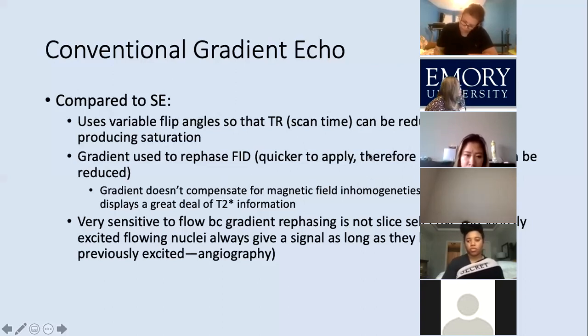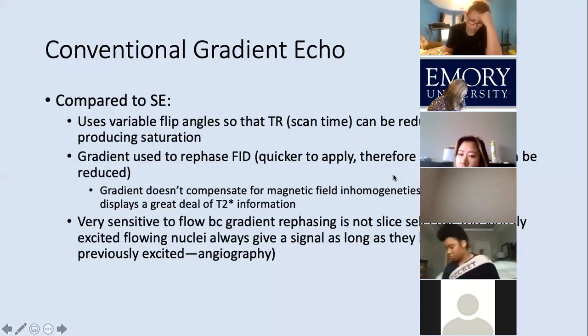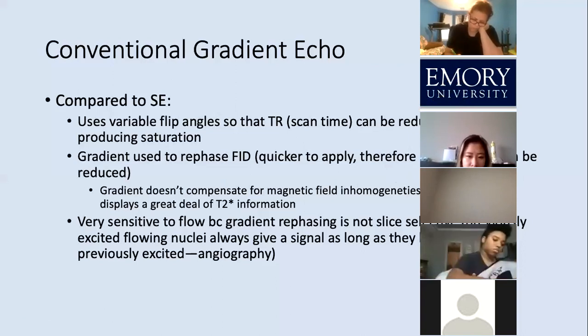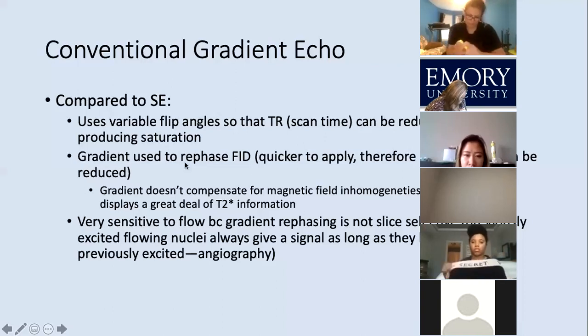That 180 degree refocusing pulse was usually at 1/2 TE, or what we call tau. But since we don't have that 180 degree refocusing pulse, we can apply those gradients a lot quicker. So basically, right after the excitation pulse, we can apply those gradients to refocus those spins and get some signal. So that's why we are typically having a lot shorter TRs and TEs, because we're not constrained by that 180 degree refocusing pulse.